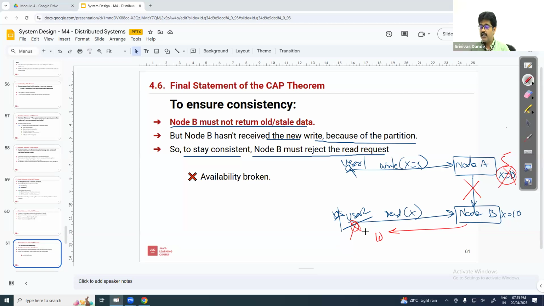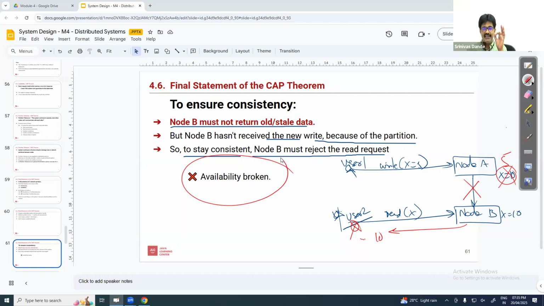Listen to this. If node B is rejecting the request, not taking the request, in that case, can I say availability is gone? Availability broken.